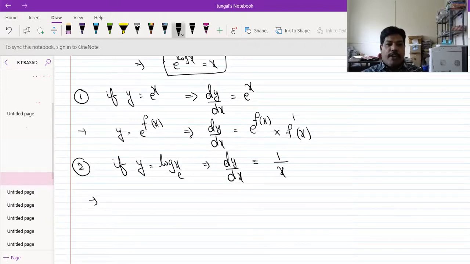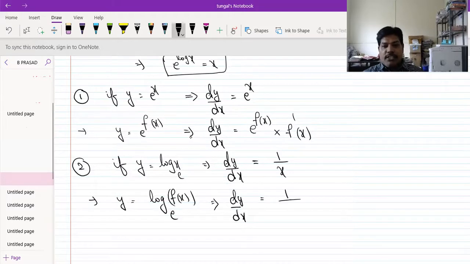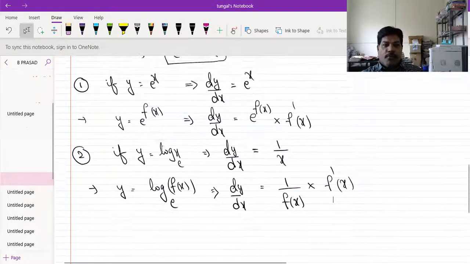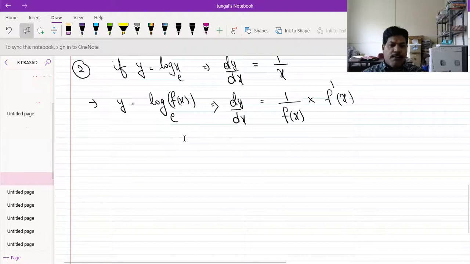For example, if you take y is equal to log of f of x base e, then what is the derivative of this function? The dy by dx value, in the place of x you have f of x. Automatically it will become 1 by f of x into the derivative of that function, that is f dash of x.